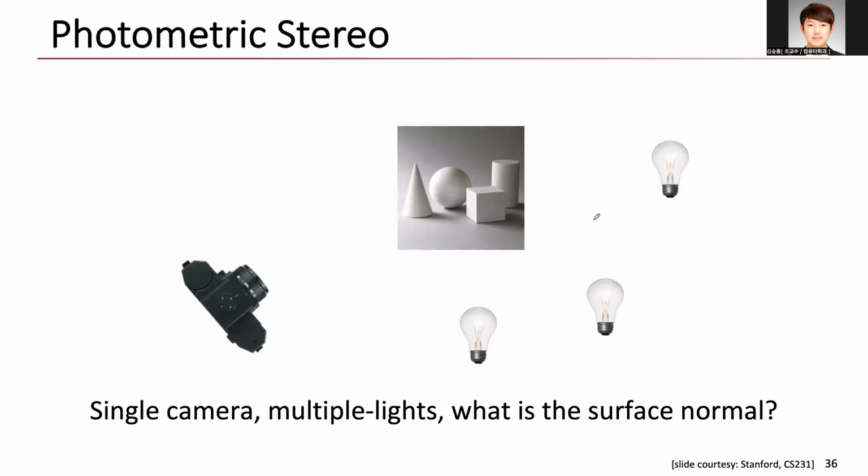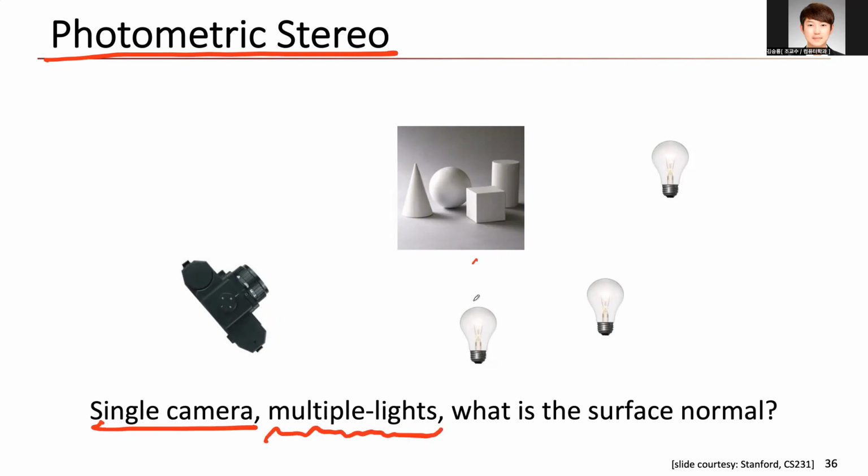Another way to reconstruct the 2.5D depth information is photometric stereo. The problem setting of photometric stereo is like this. Given a single static camera, in this case we do not use the geometry of multiple cameras, but with a single camera, we will use multiple light directions.